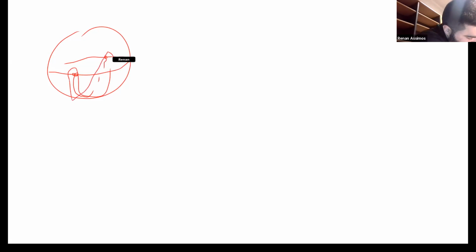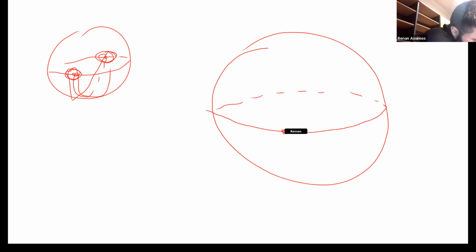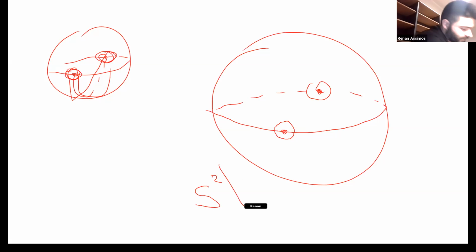And now, in the result of Solomon, what is the set that he actually omits? In this two-dimensional picture, he actually omits only these two points. He omits an S0, right? So actually a neighborhood of an S0 in here. So then he says, if the Gauss map of this minimal hypersurface of a sphere omits the neighborhood of an equatorial codimension 2 sphere, then this Gauss map must be constant, and therefore we get the Bernstein result.